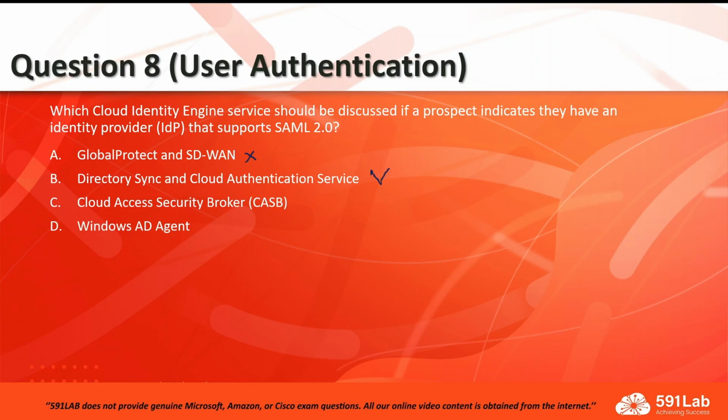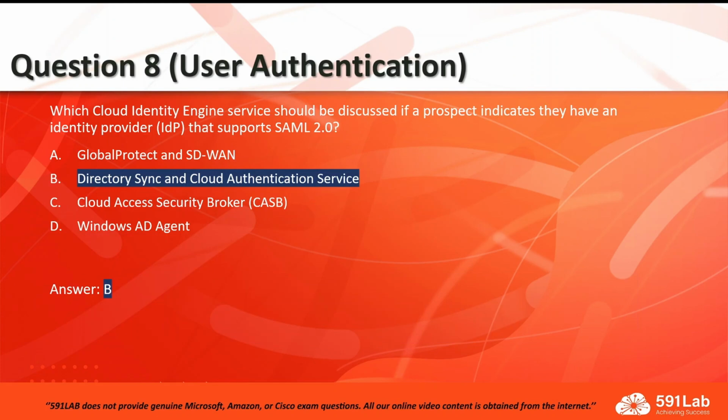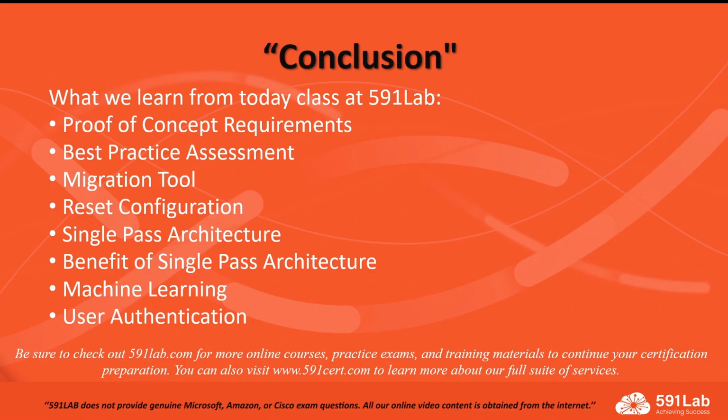So this is the correct answer. And then C, Cloud Access Security Broker or CASB, it's not the answer. And the Windows AD Agent is not the answer either, because we have Directory Sync and Cloud Authentication Service that support the SAML 2.0 configuration. Then the answer for question number 8 is B, Directory Sync and Cloud Authentication Service.